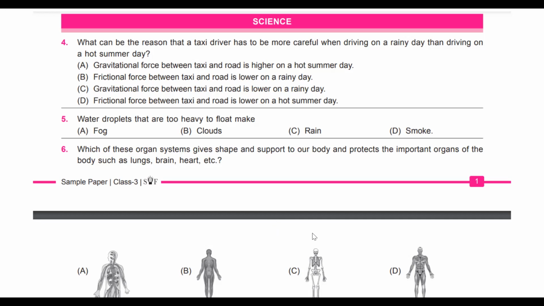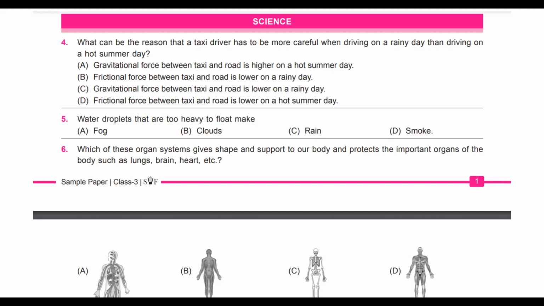Yes, ma'am. Okay, let's do question 5. Water droplets that are too heavy to float make what? I got the answer. Your name? Dhani. Others got it? Tell me then fast.